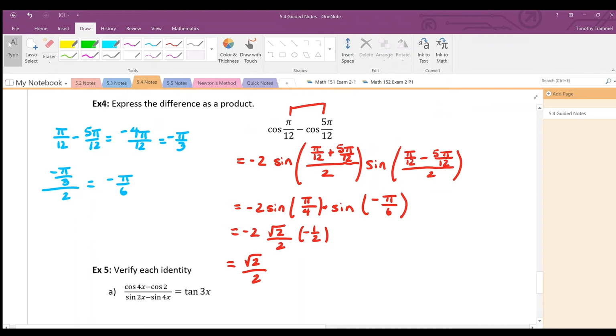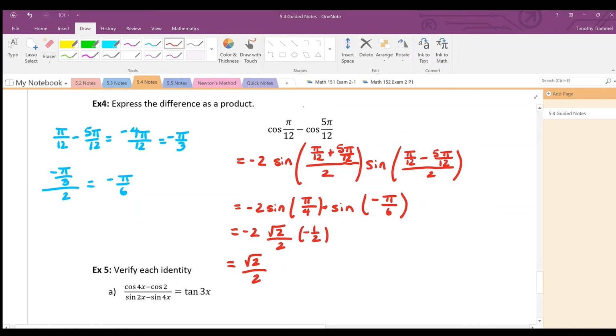I do want to say one thing here. This question did only say to express the difference as a product. We are technically done with that when we got to this point. The only reason I continued to go further is we were able to find the values of sine of pi over 4 and sine of minus pi over 6 quickly using our unit circle.